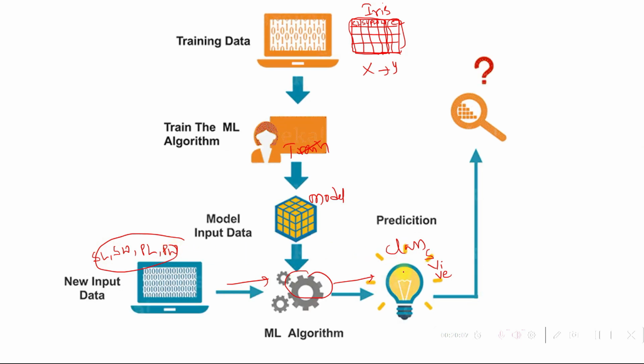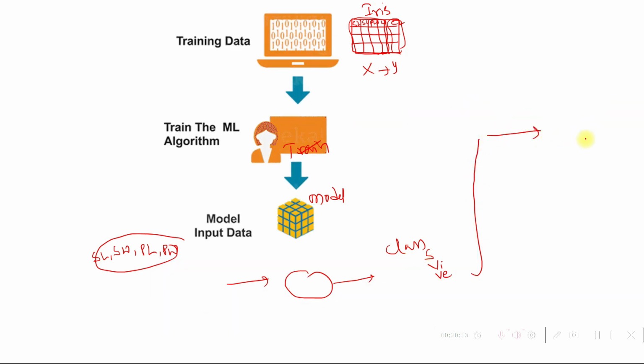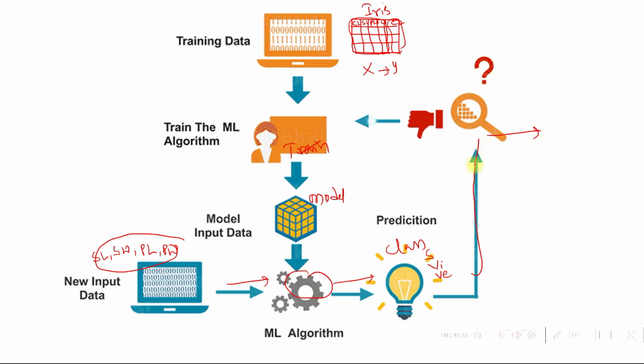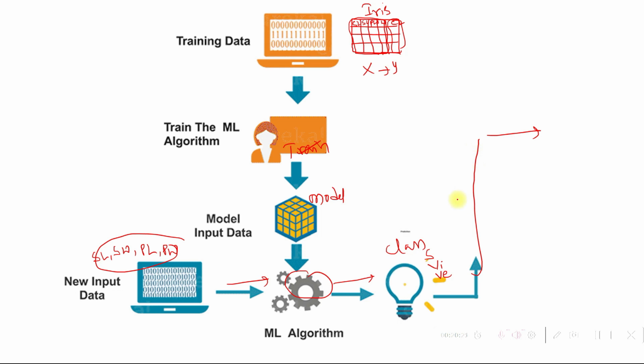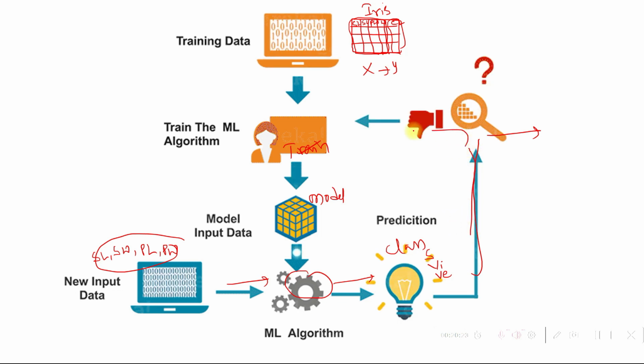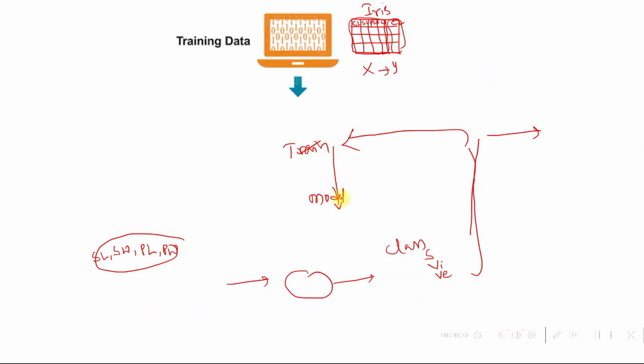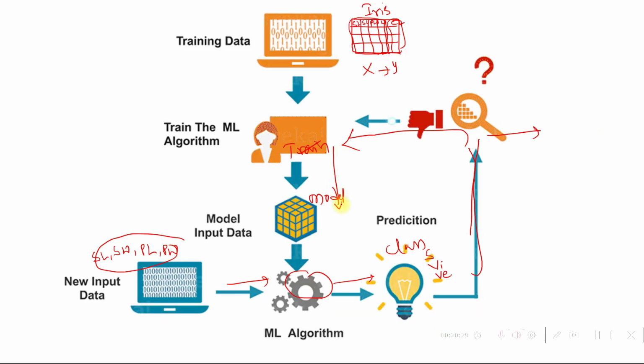In this process, if it is correctly classified, then we stop the process successfully. Otherwise, if the class label is wrongly classified, then once again we train our model based on different types of algorithms, based on different models.